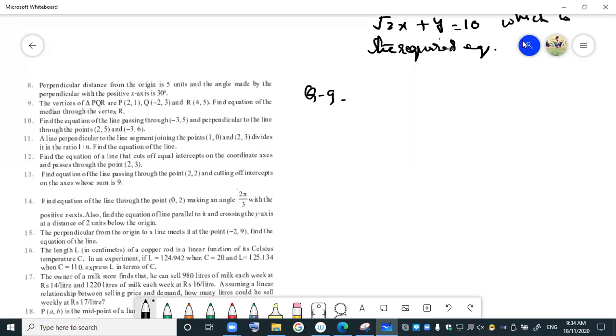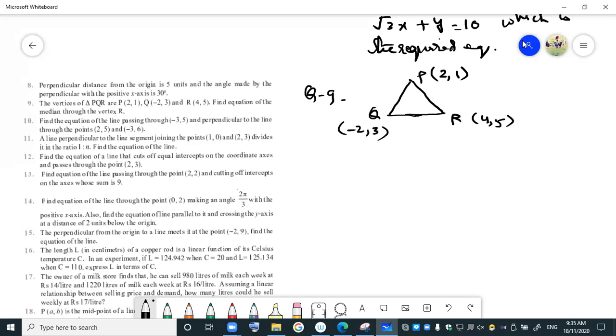The vertices of triangle PQR, P, Q and R. Coordinates of P are 2, 1, Q is minus 2, 3 and R is 4, 5.